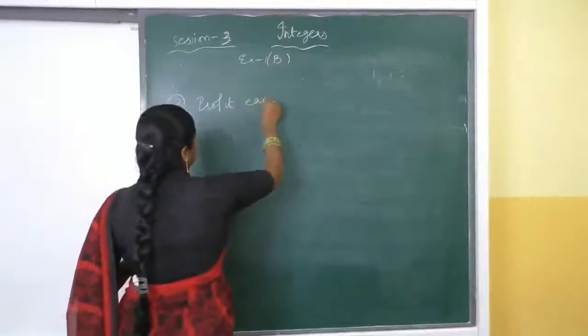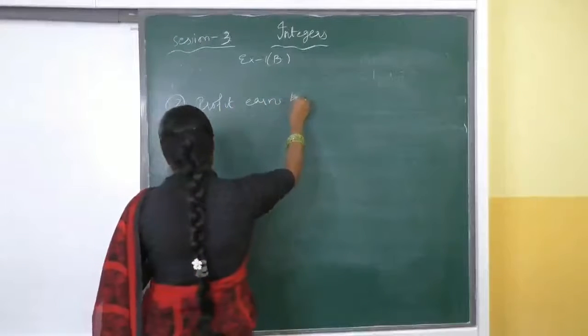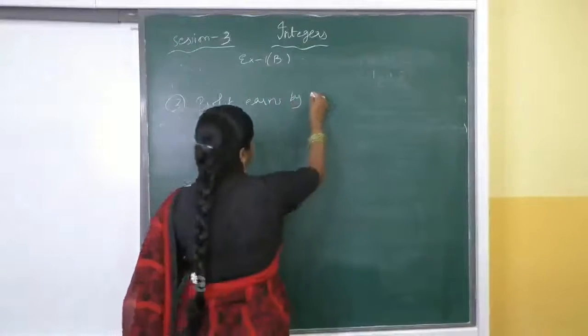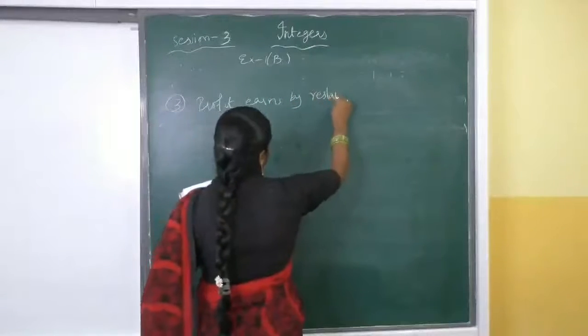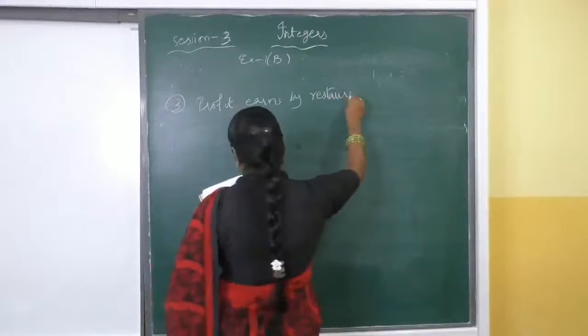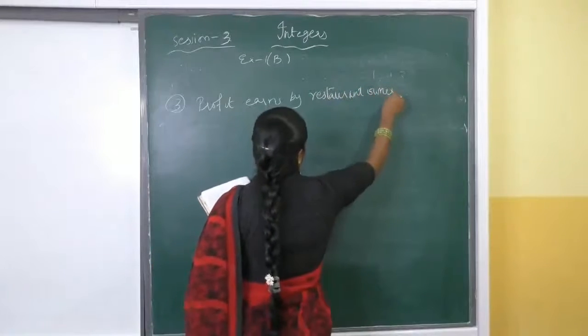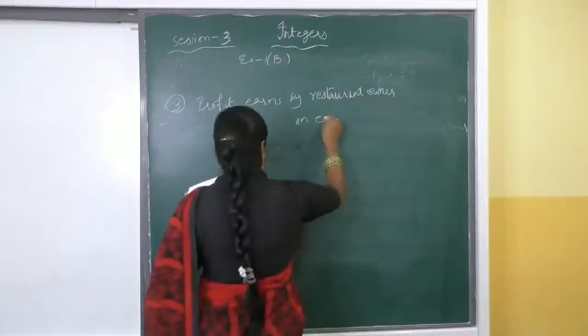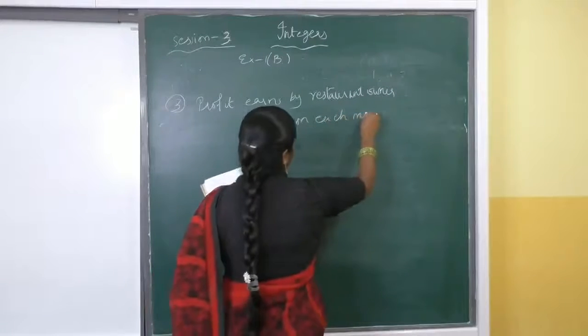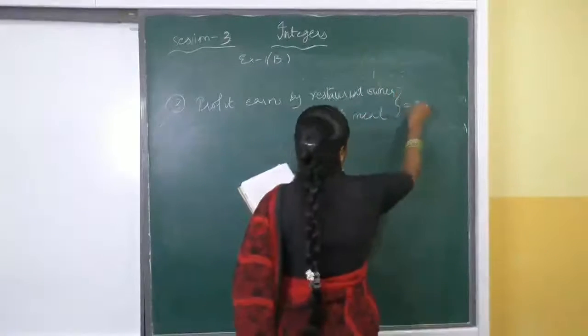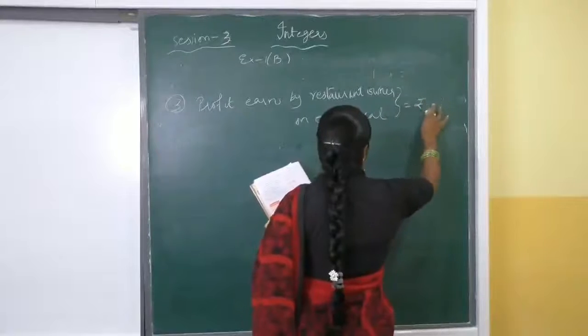Profit earned by the restaurant owner on each meal is equal to rupees 7.